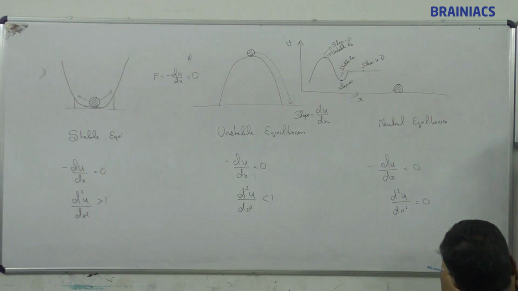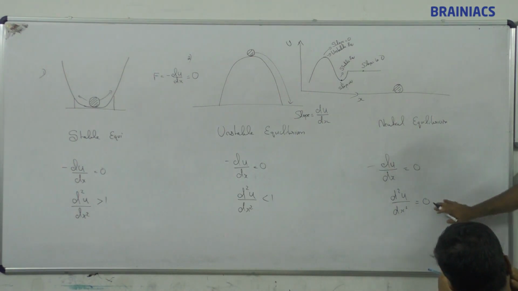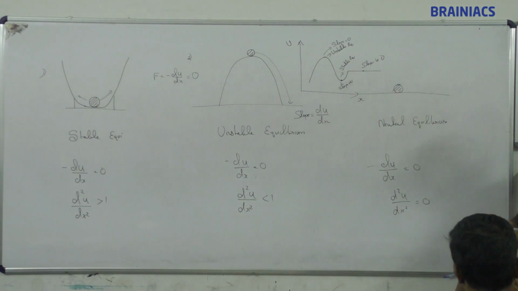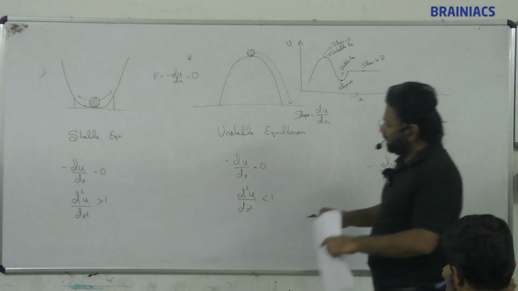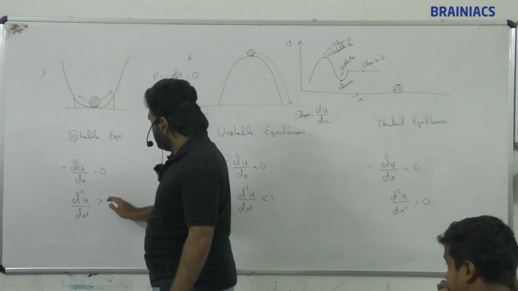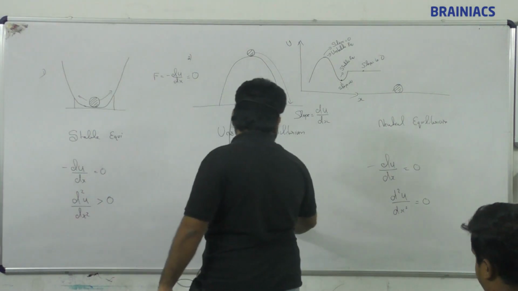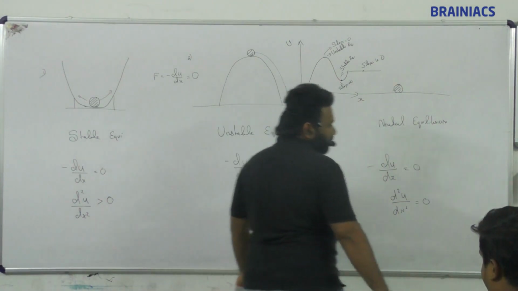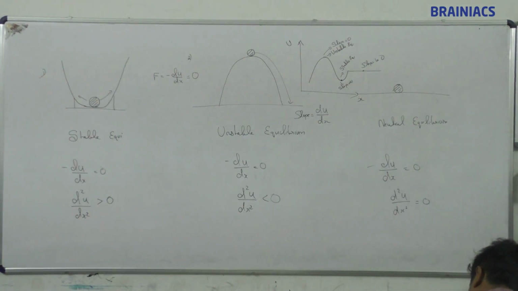So this is 1 or 0, sir? This one? That is 0 only. Okay, I made a mistake. The intention was 0, while writing I wrote 1. So that is going to be 0.